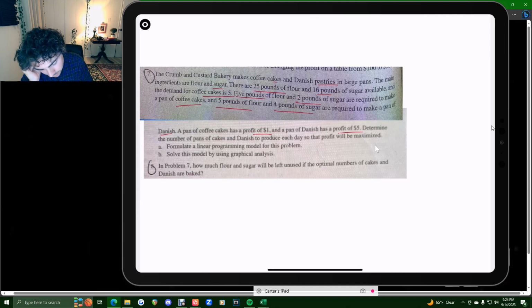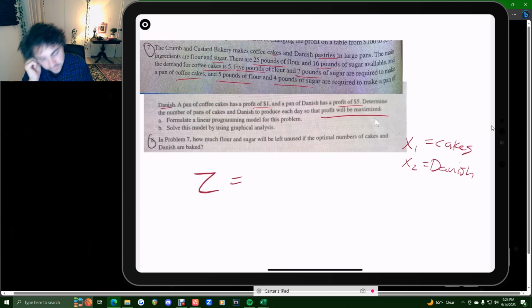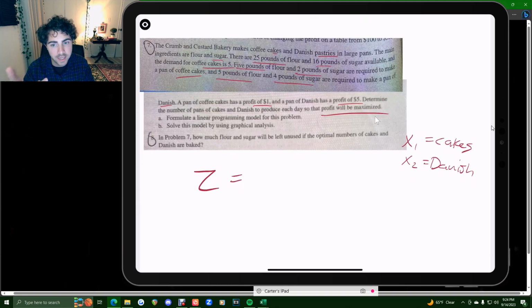Determine the number of pans of cakes and Danish to maximize the profit. So let's start with the profit equation. We'll call it Z. Again, we'll call X1 coffee cakes, and X2 Danish. And so to be more specific, it's the number of pans of cakes and pans of Danishes.